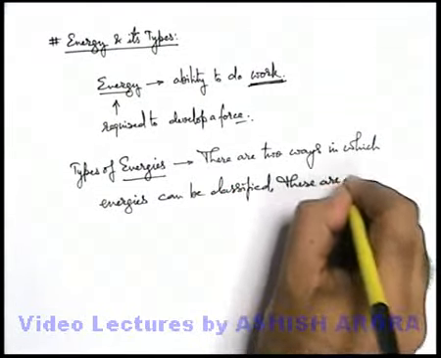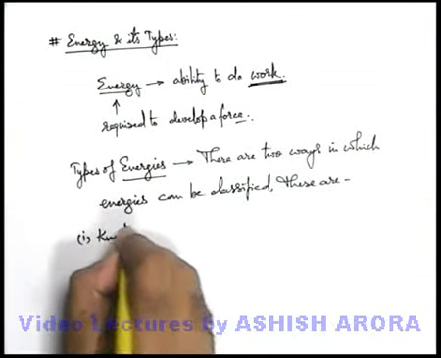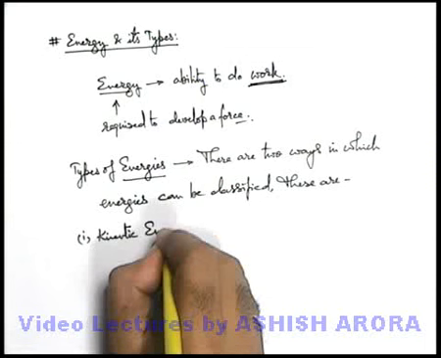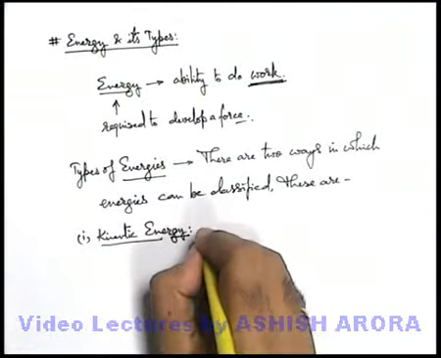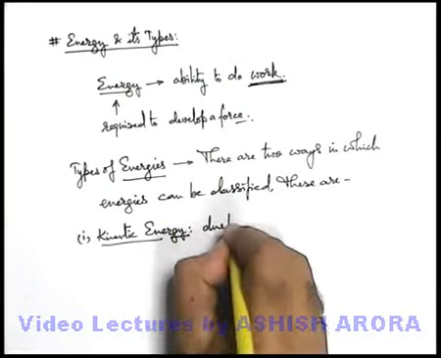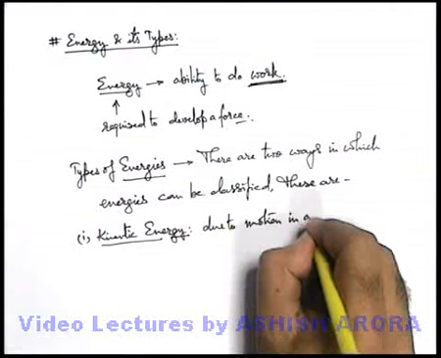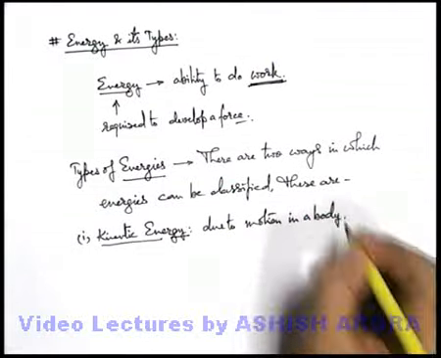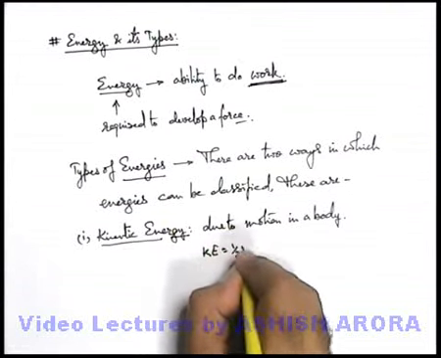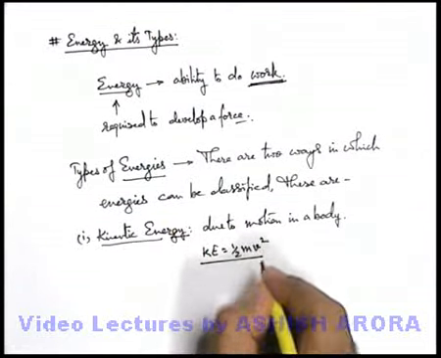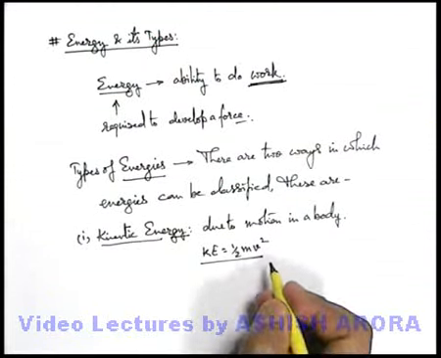The first one is kinetic energy, about which I think all of you are familiar. It is due to motion in a body. By virtue of motion in a body, the kinetic energy of a body can be written as half mv square. In your junior classes, all of you have studied about kinetic energy very well.